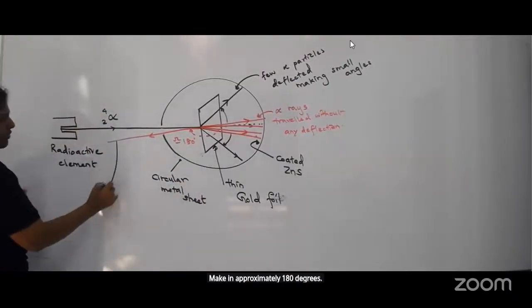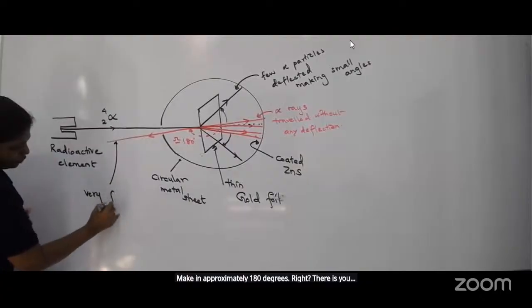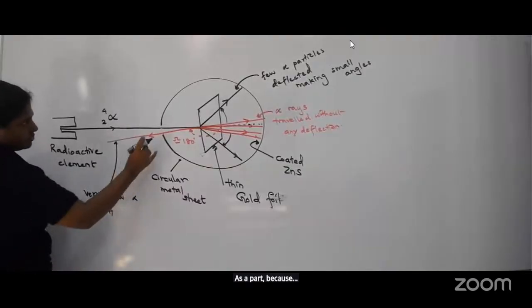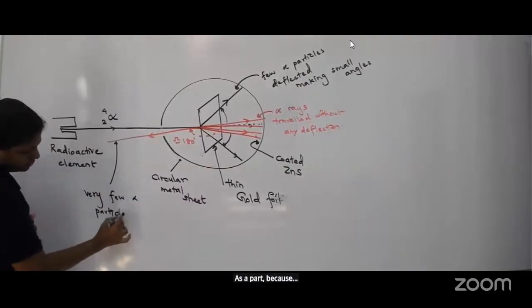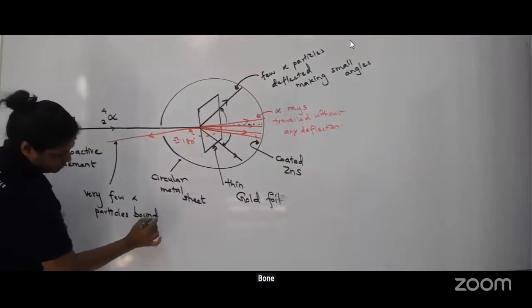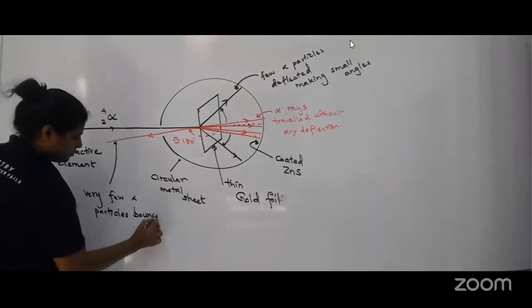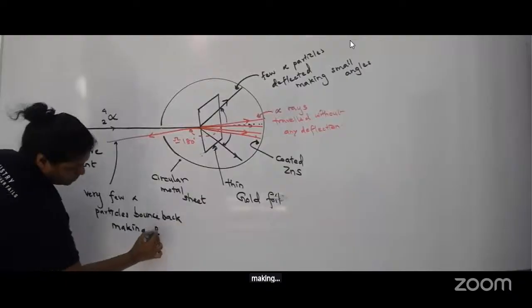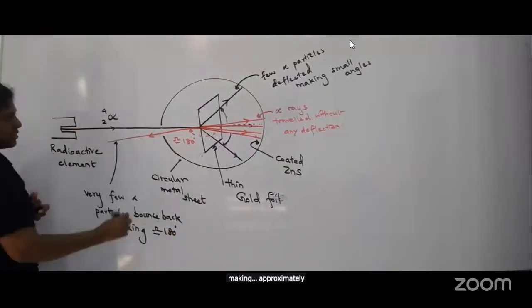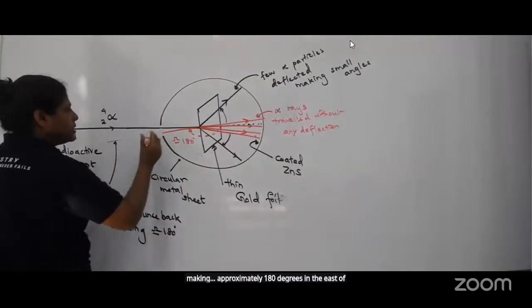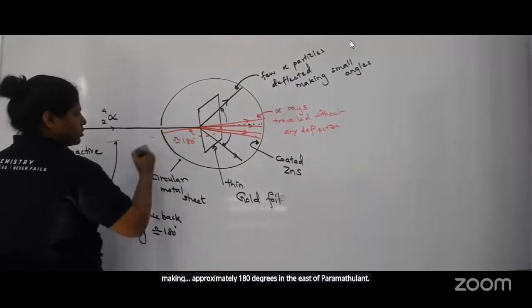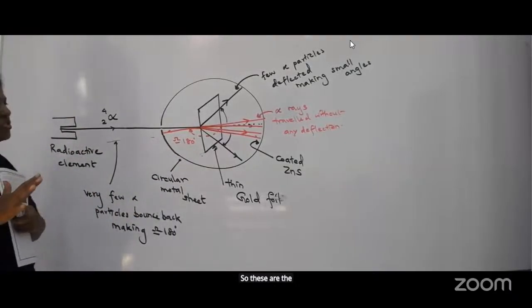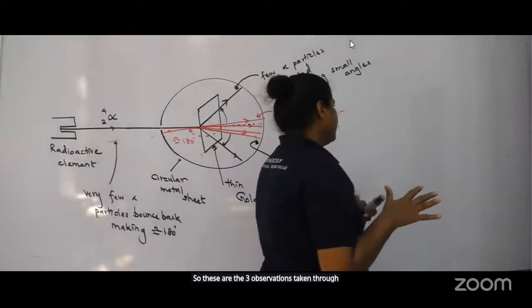The circular path helps to get a clear picture. So these are the three observations taken through this experiment.